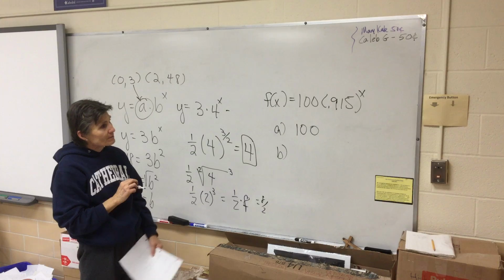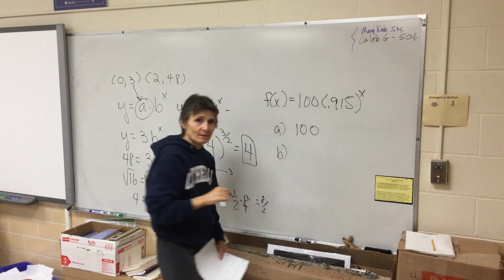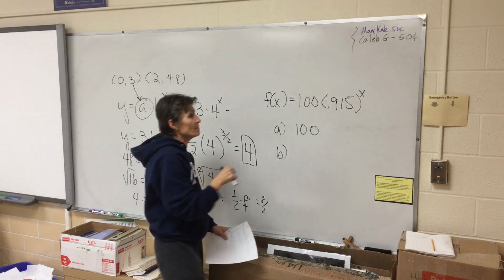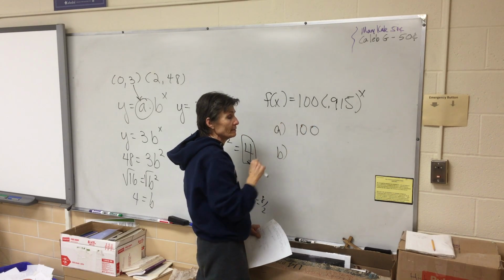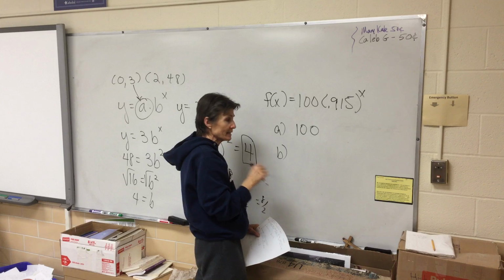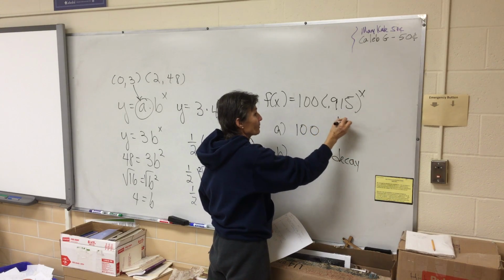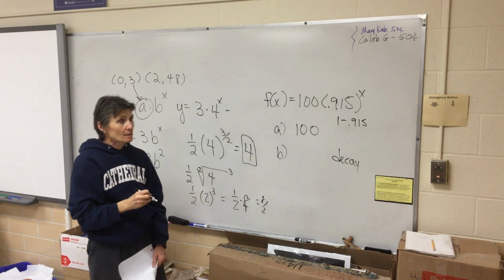And then the rate of growth or decay comes from here. This is not the rate of growth or decay, but it gives you the rate of growth or decay. Because since it's less than 1, it's going to be a decay problem. And I need to figure out how much less than 1 it is.